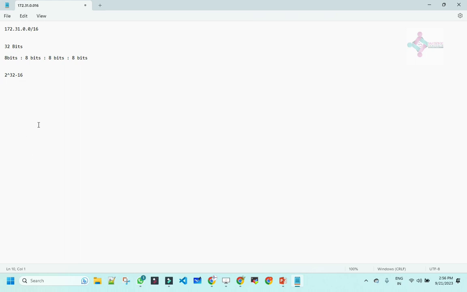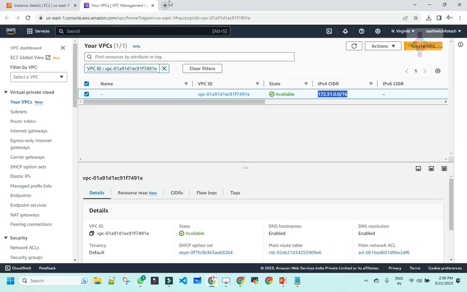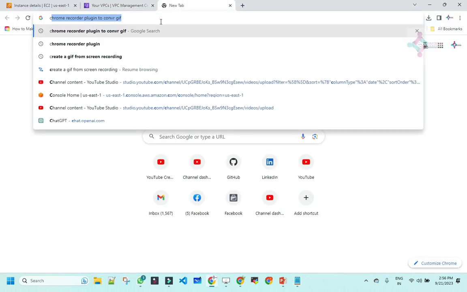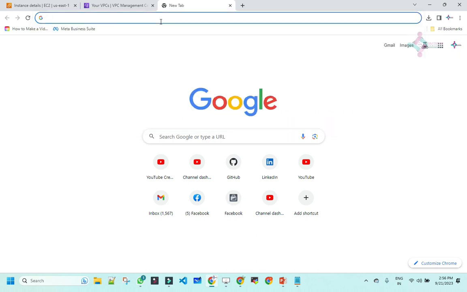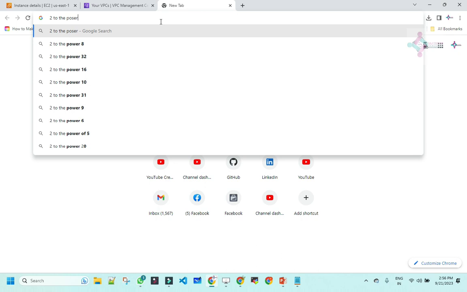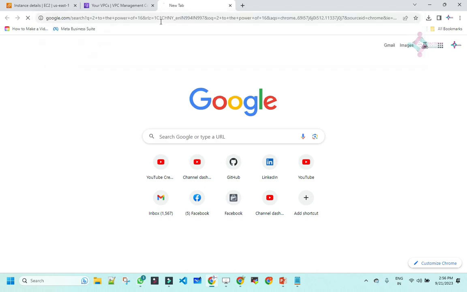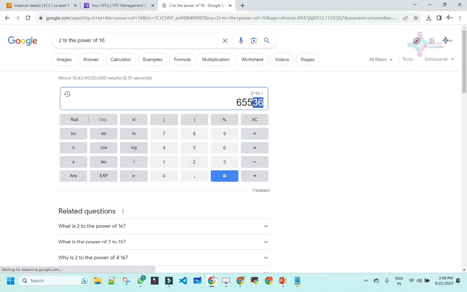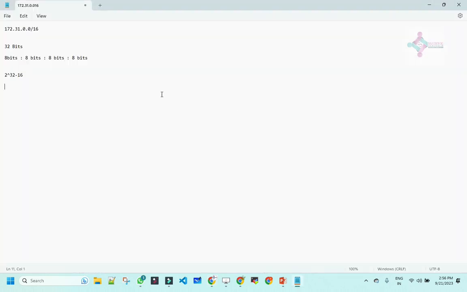This is the number of IP addresses that can be used in this particular IP range. Let me get the calculator. Let's take 16. 2 to the power of 16 is 65536 IP addresses. So 65536 total IP addresses can be used in this particular VPC.